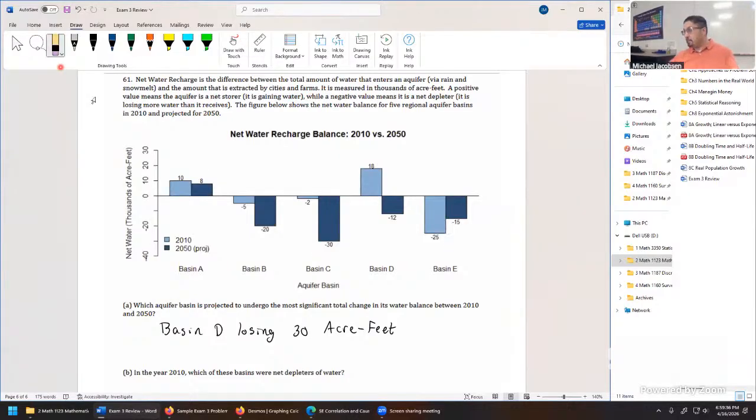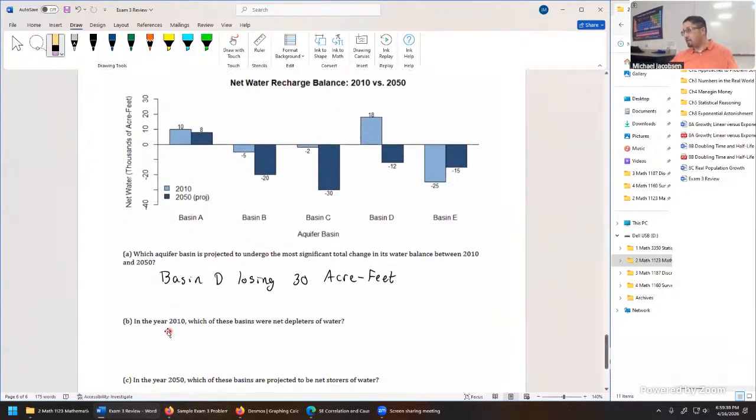Okay, then part B says for the next part, in the year 2010, that means we're only looking at the light blue bars on every one of these different categories. Which of these basins were net depleters of water? Net depleters means their storage is in the negative end.